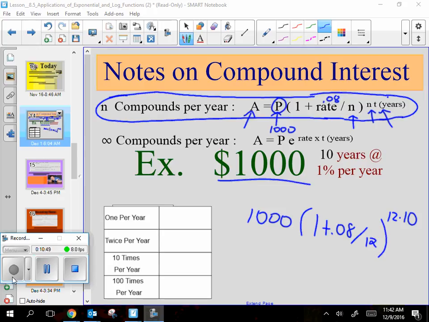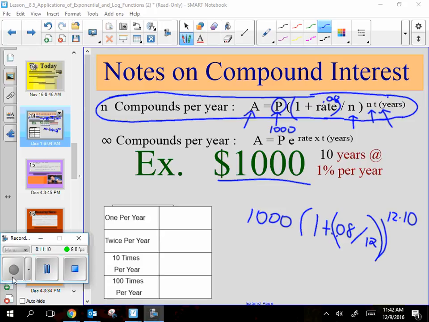Now, this is important. Do you get from the order of operations that this 0.08 divided by 12 is going to be done first? Unless there are parentheses here, which there aren't, that's going to make that part get done first.